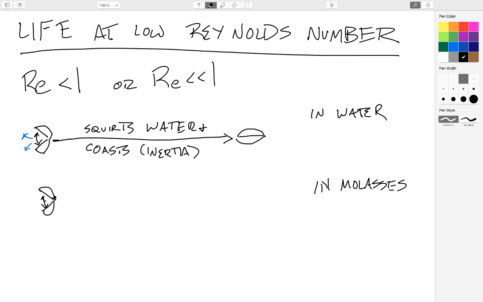But what's going to happen is the molasses has a much lower Reynolds number than water, because the viscosity is much higher. Water has relatively low viscosity. Molasses, on the other hand, has a relatively high viscosity.